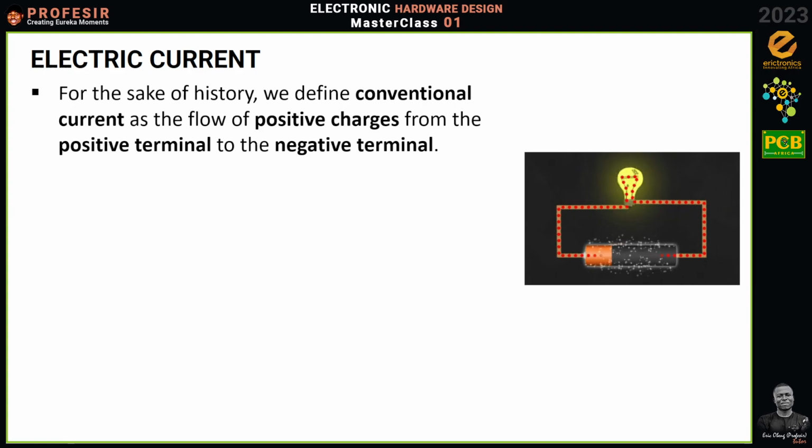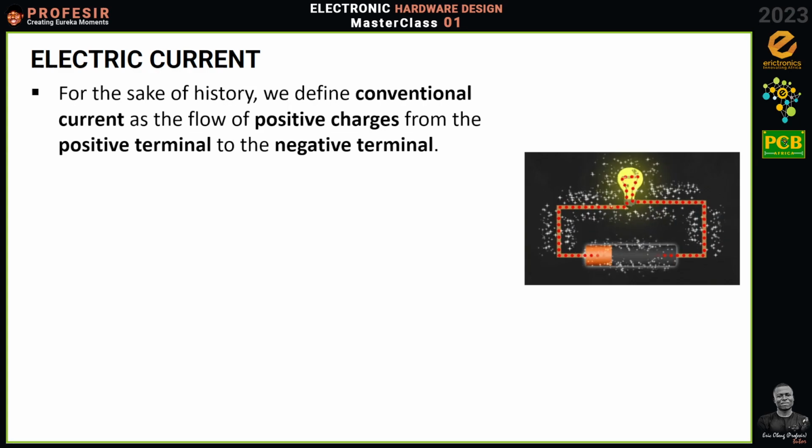Now, technically, or in a realistic view, the electrons actually move from the negative to the positive. Okay, I need you to understand this one. Electrons move from the negative terminal to the positive terminal. However, for the sake of history, when they discovered these things, they had the mentality that some form of positive charges flow from the positive terminal to the negative terminal, right?